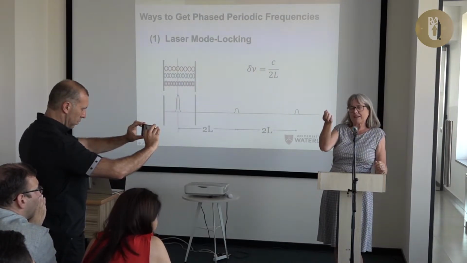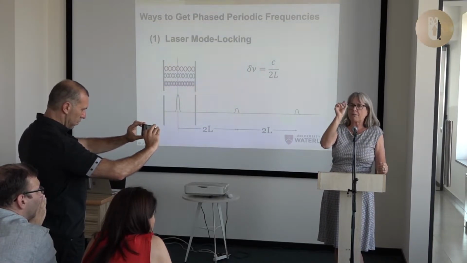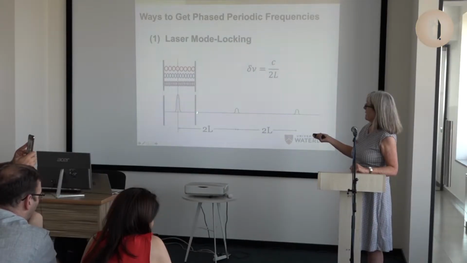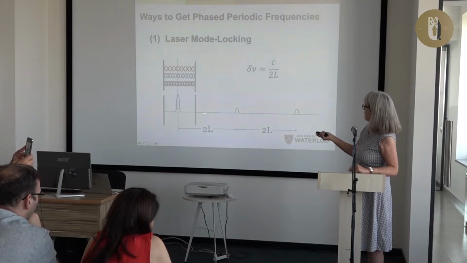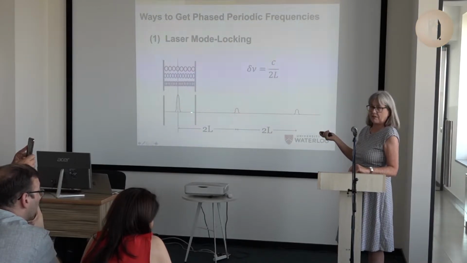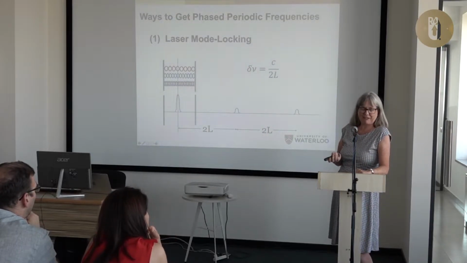So we think about it in the time frame, and we say we must have a very fast shutter that opens up and closes, opens up and closes. And so when we make this short pulse, it must travel at the speed of light. Every time this short pulse hits the output coupler, some 1 to 30%, depending on what kind of laser you have, comes on out. It then circles around again and comes back out. So this is a great optical example of mathematical Fourier series.